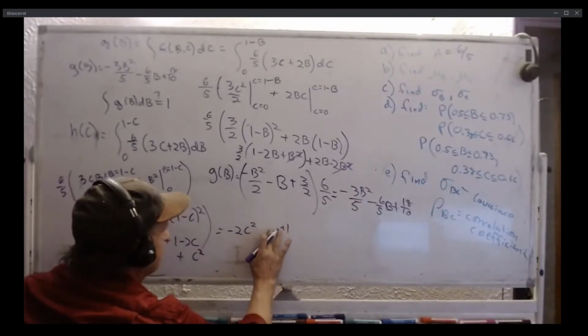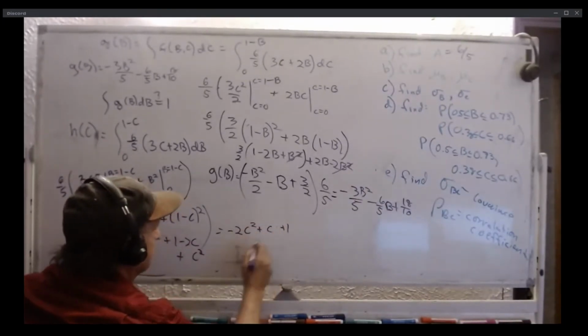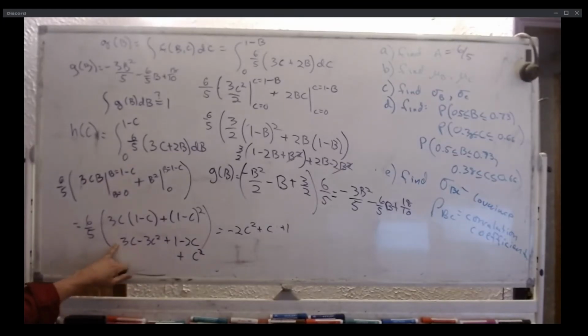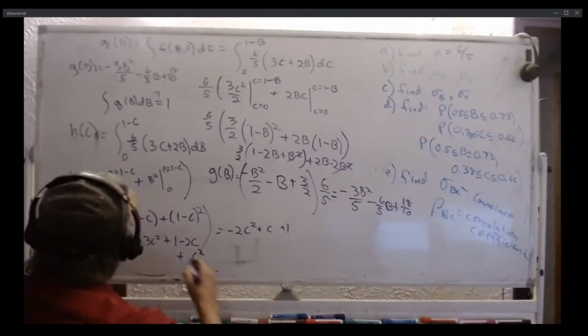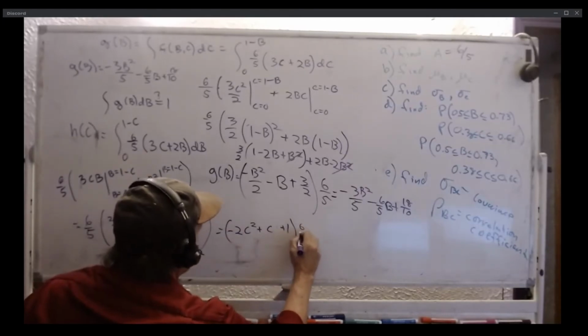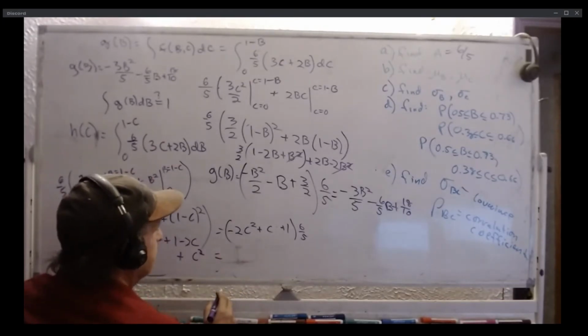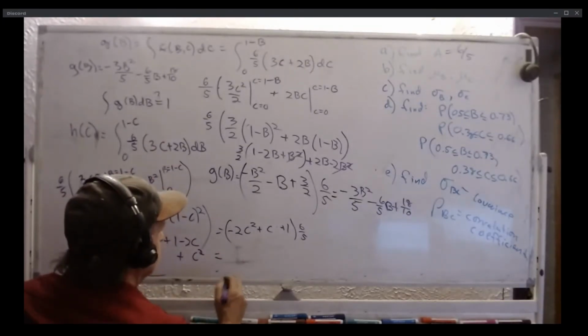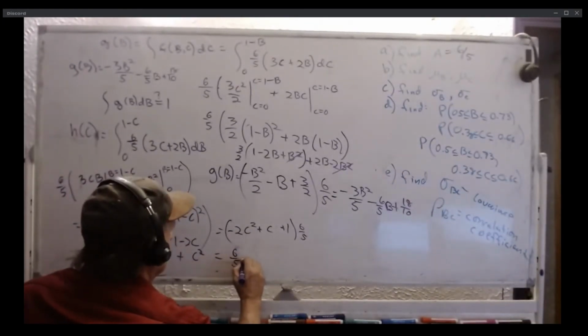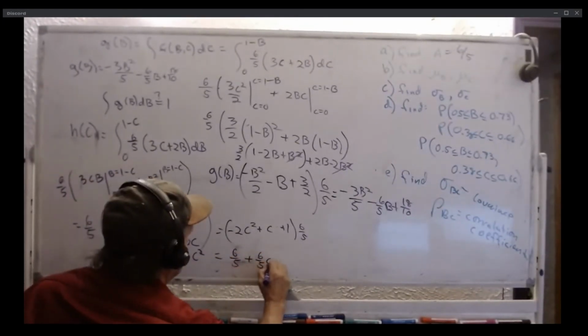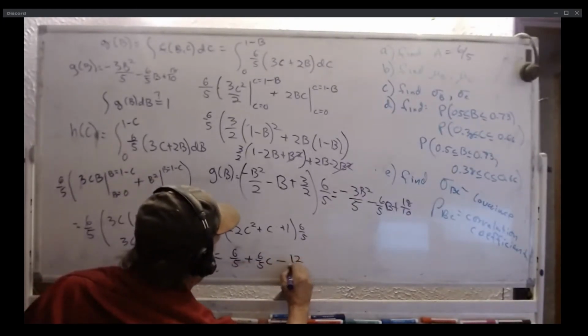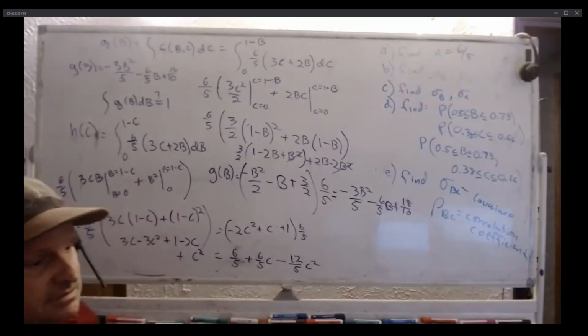So it's positive C, is it not? And then we would need positive 3. And you still need to multiply by 6/5. I think that gives you the same thing I got once you multiply it. So it's going to be 6/5 plus 6/5 of C minus 12/5 of C squared. Yeah, that's what I got.